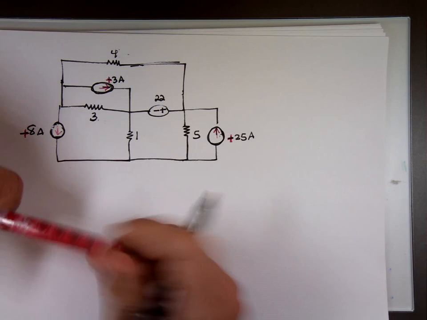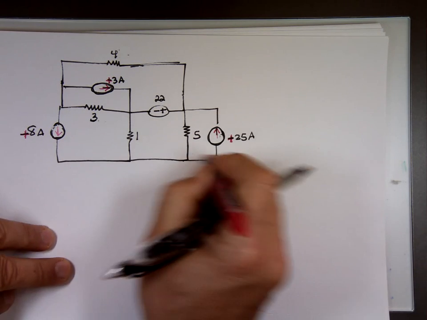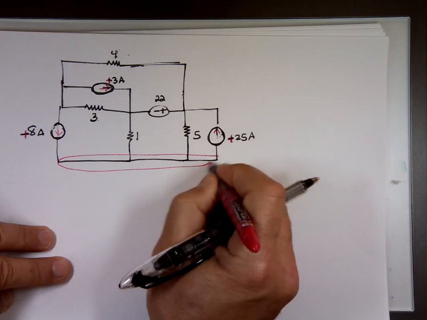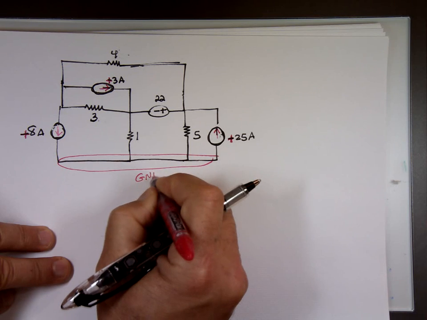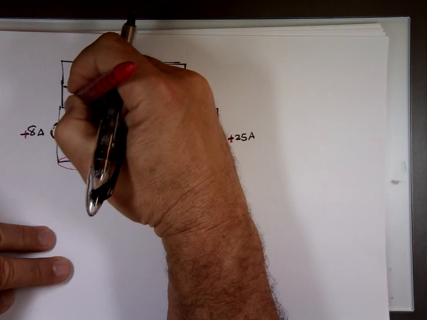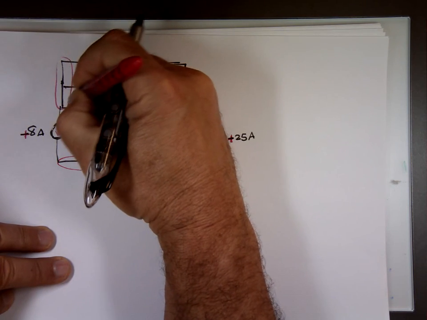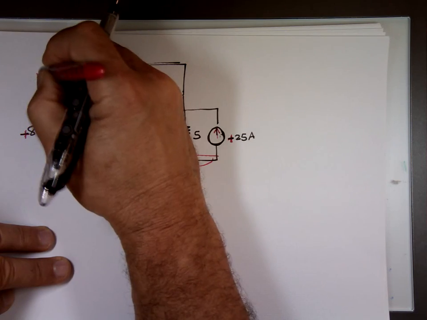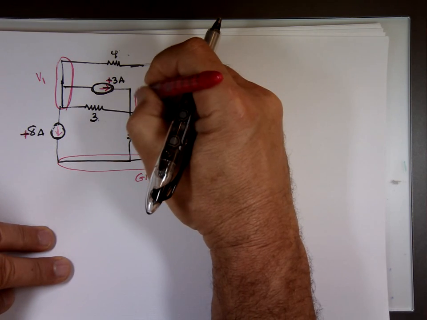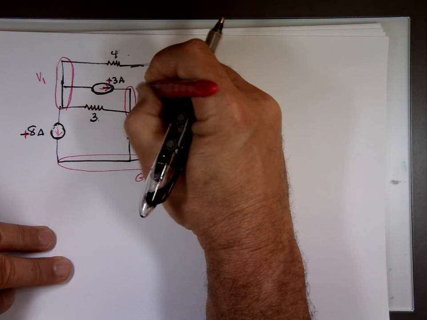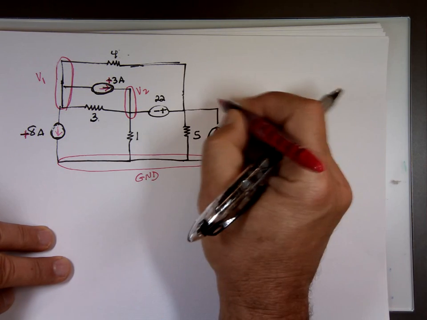Notice if I count this as the ground here, and this is V1, node 1, the voltage here is V1. This is V2. And you want to call this V3, go ahead.